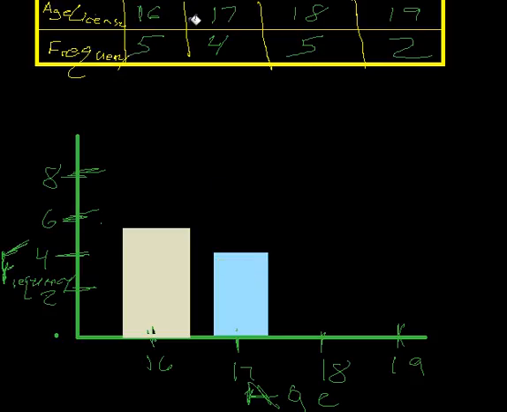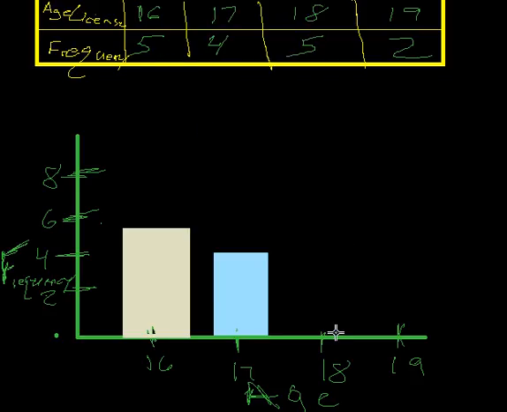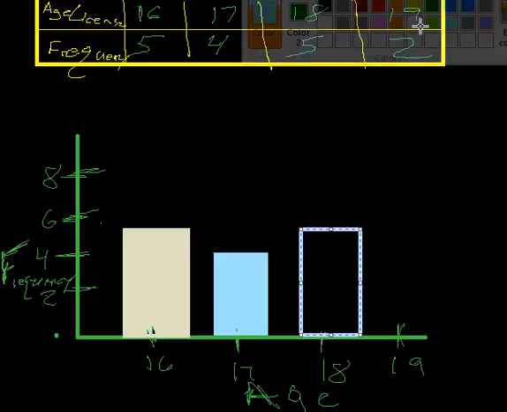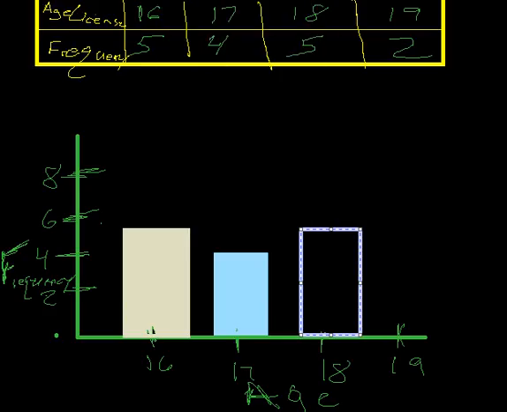Notice how I'm separating the bar graphs just a little bit. They're not touching each other. And 18. Well, 5 people again at 18, so let's try to get them at least equal to each other. Those are the same color, so let's go and change that color up. Cool. And now, hey, awesome.